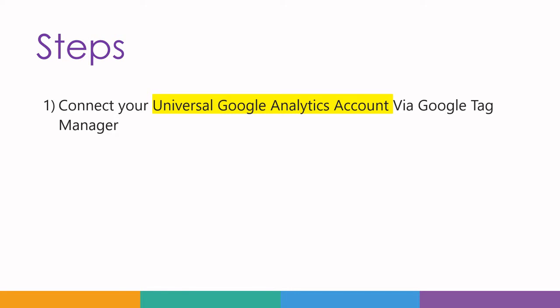So only one code is installed on your website, that is the Google Tag Manager code, and everything else comes in the Google Tag Manager container. In that only we are going to set the trigger event tracking.